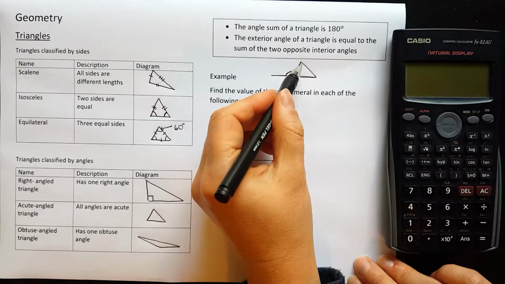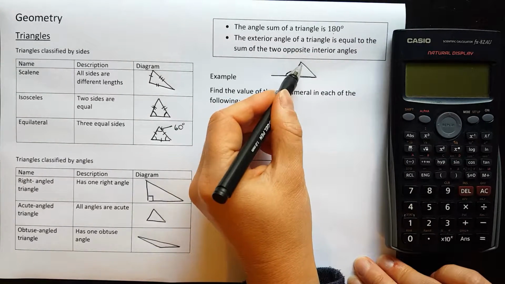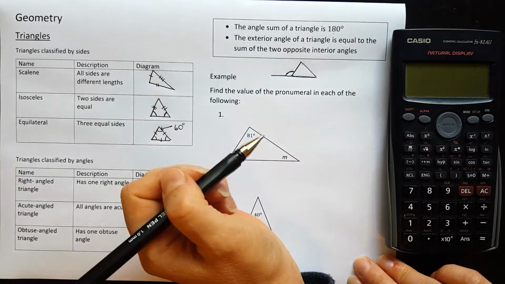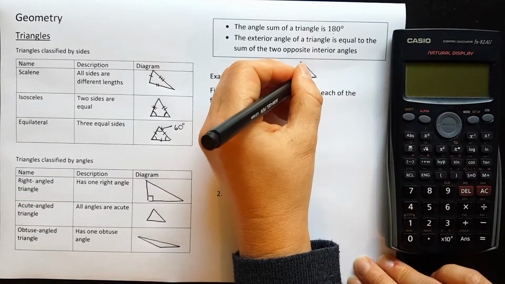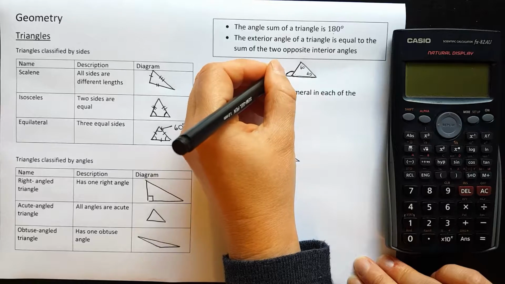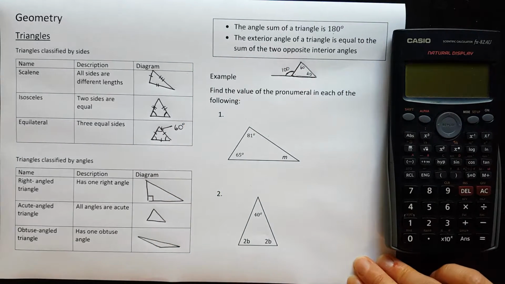It would be equal to these two angles, not the one next to it, the two opposite ones added together. So if this one was 60 and this one was 40, the angle outside would be 100, because 60 plus 40 is 100. That's called the exterior angle rule of a triangle.